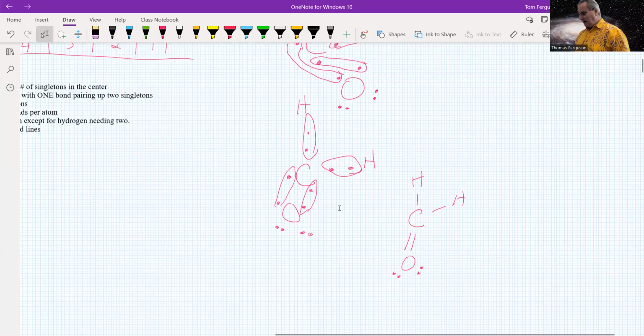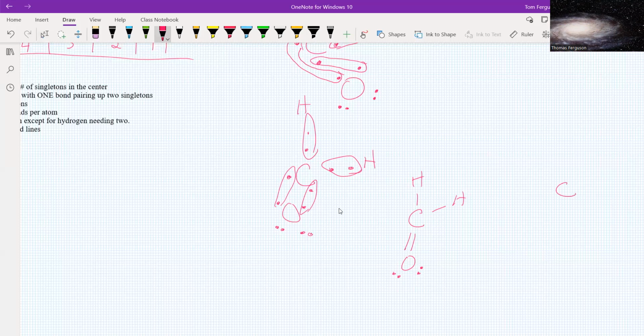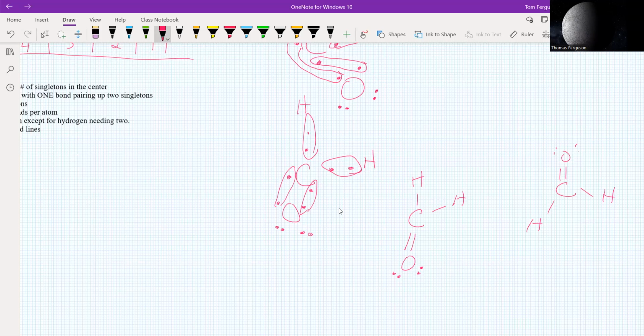For example, if my answer looked like this, that's the same structure. Things can rotate in free space. Also, there can be alternative structures with the same formula.